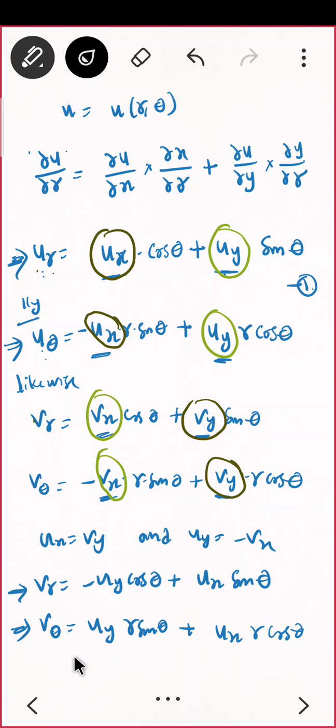Perfect, very nice. So can I write like this? R Ur is equal to V theta, and U theta is equal to minus r Vr, no? So this is your CR equation in polar form. That's it.